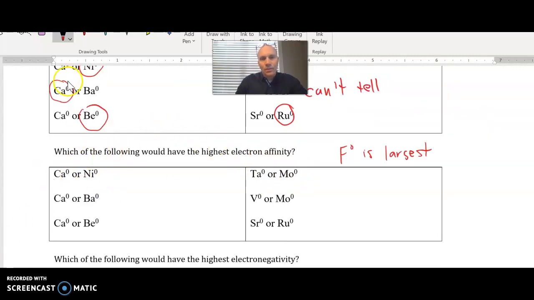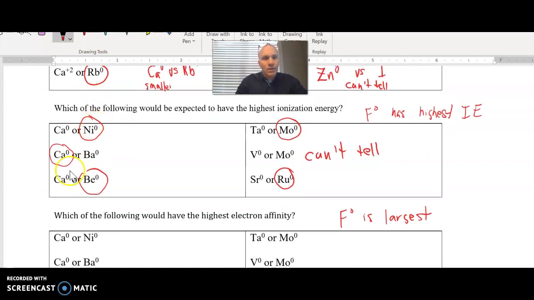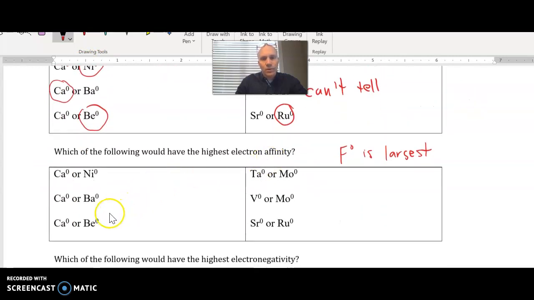In the next set, we're using the exact same elements that we did in the set before. The only question is which would have the highest electron affinity. All right, an electron affinity is the amount of energy that an atom releases whenever it accepts an electron. All right, but as far as determining the trend would be the same.